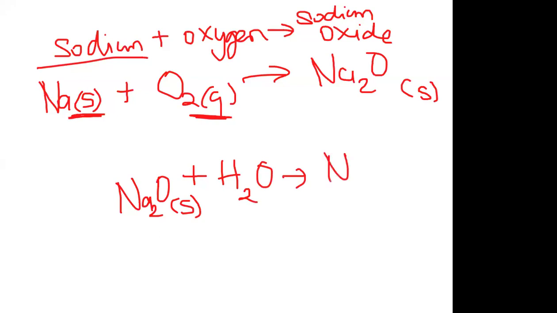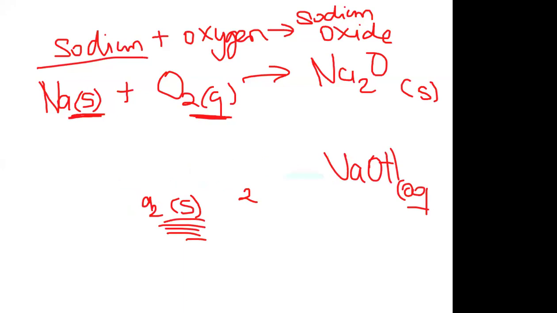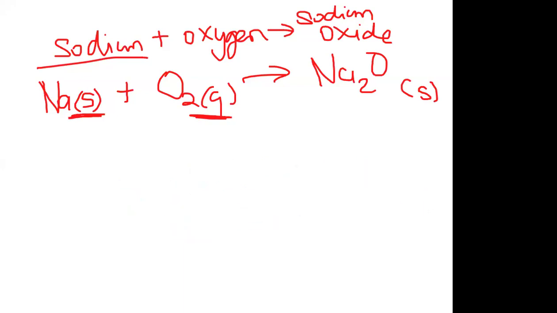It's going to be sodium hydroxide, and this is going to be aqueous, but the metal oxide is solid, so it doesn't matter. Once a metal oxide is in an equation, it is solid. When sodium dissolves in water, it forms an alkali. It doesn't form a metal oxide solution, it forms an alkali, which is a different compound.